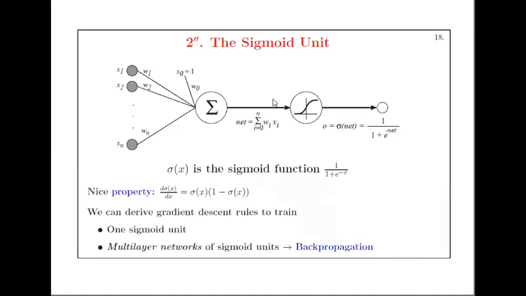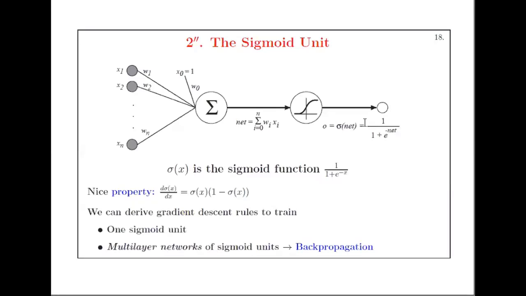But in the sigmoid unit, we take the input and weight combination, do the summation, calculate the sum, and the output is dependent on this sum value. The output is equal to 1 divided by 1 plus e to the power of minus sum. So here in the sigmoid unit, the output is dependent on the sum.